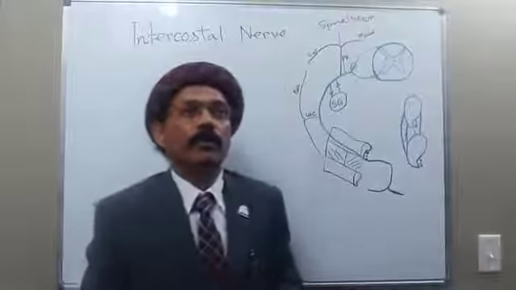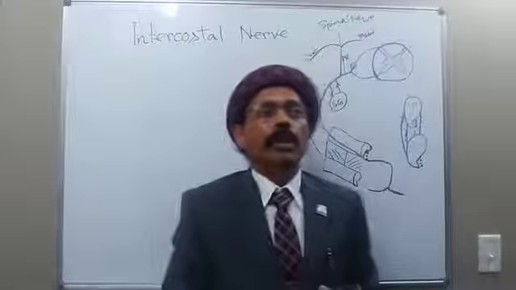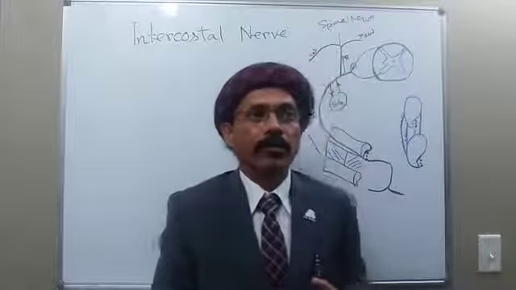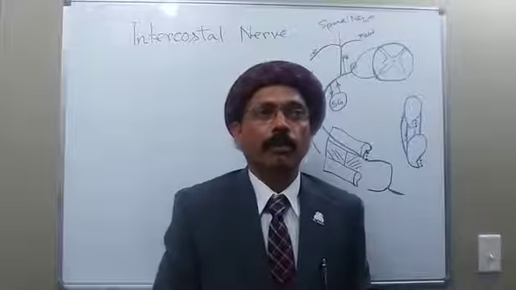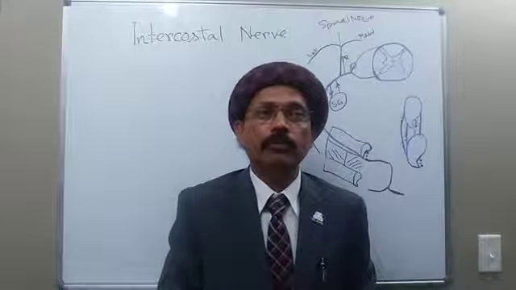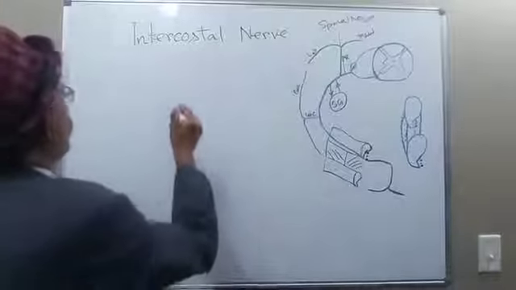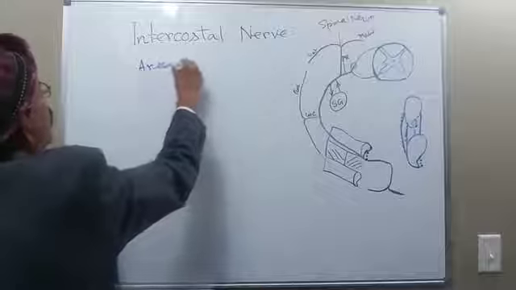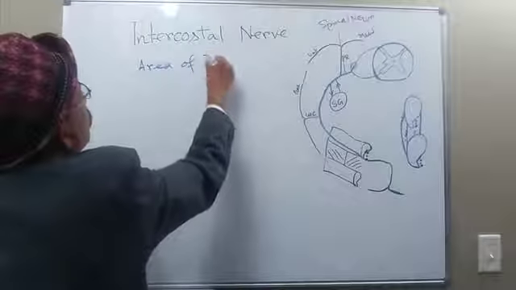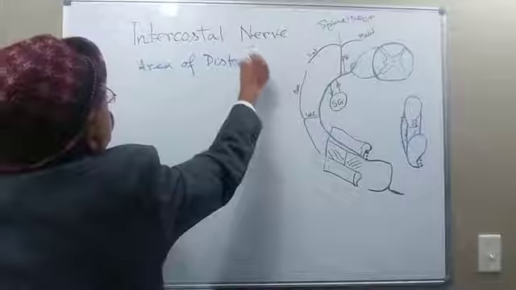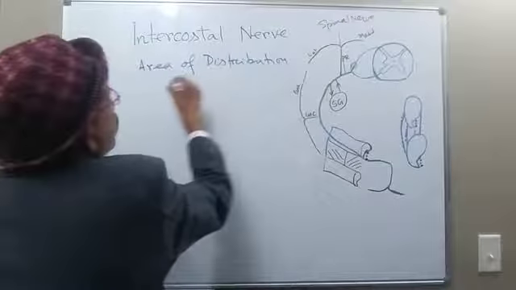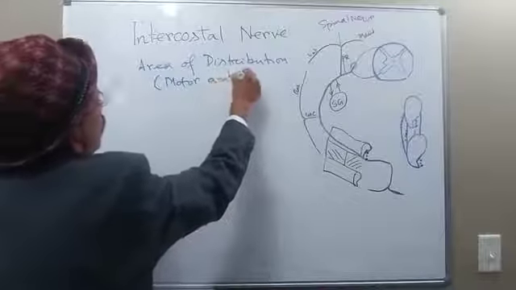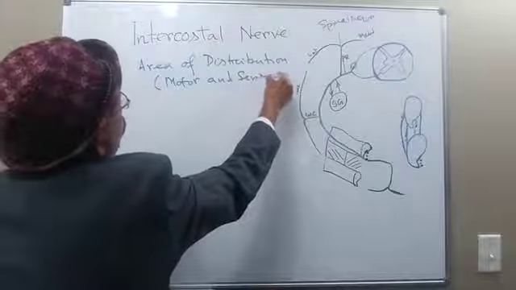So we'll go to the area of innervation of the intercostal nerve. Intercostal nerve innervates which part of our body? Certainly the intercostal space. So, area of distribution. Both motor and sensory. It is a mixed nerve.